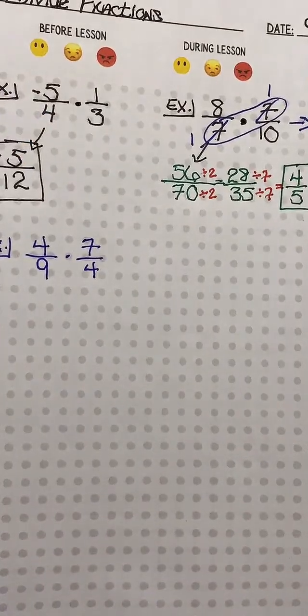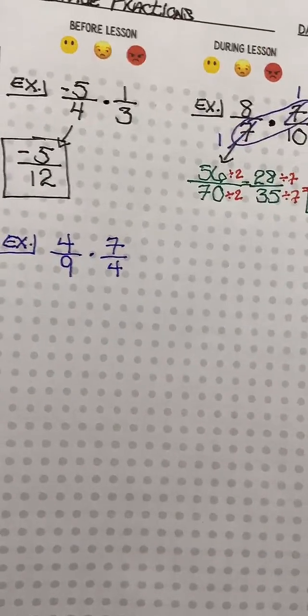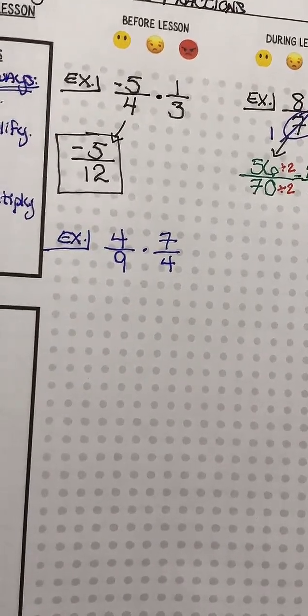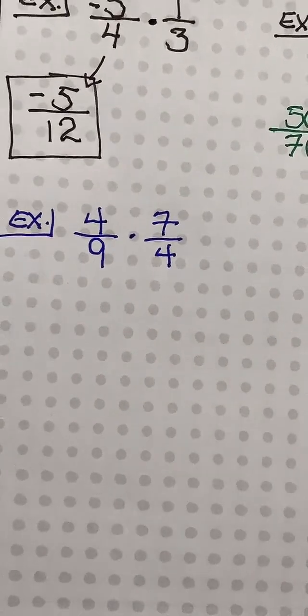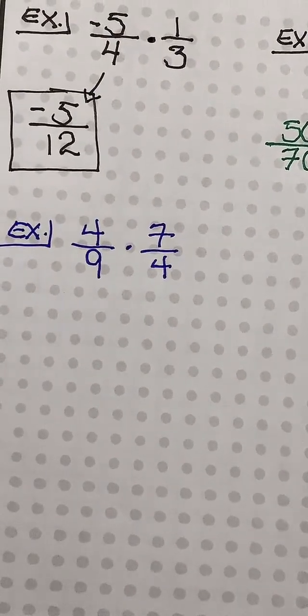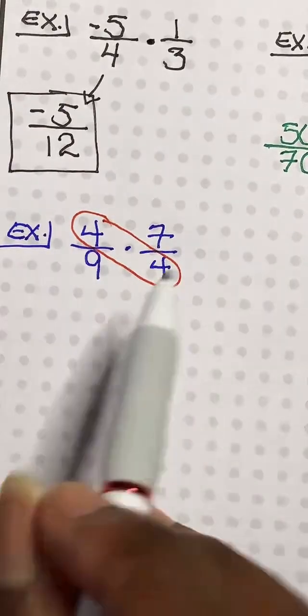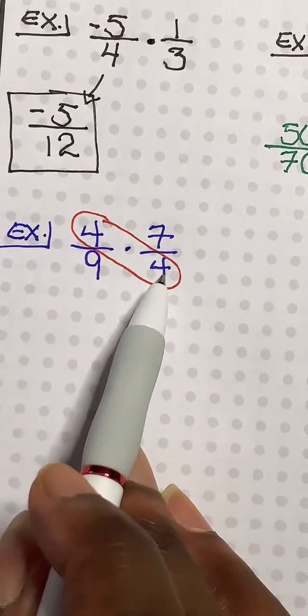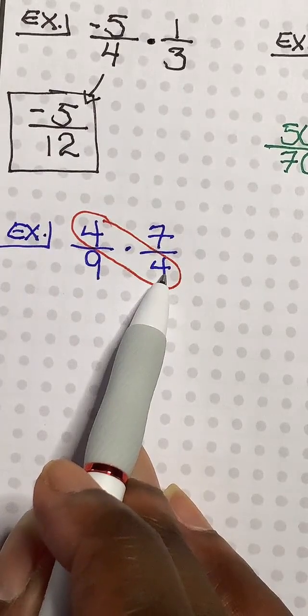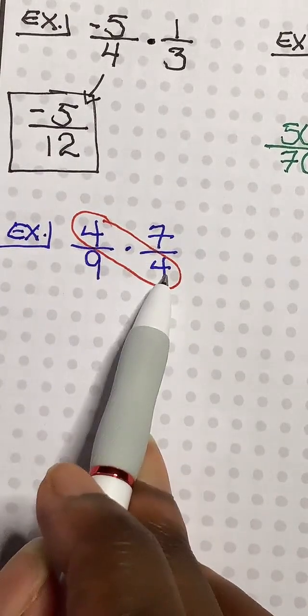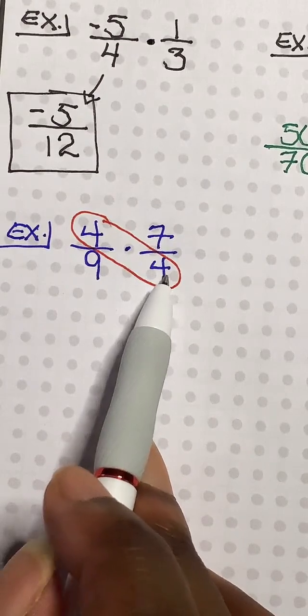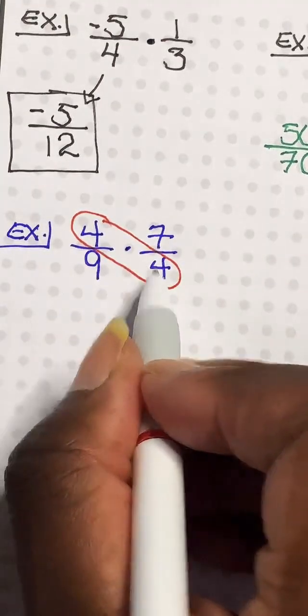Yes, you could multiply and then simplify, but make life easy for you. Okay, nice and easy. Take a look at the diagonal. This is the same as saying 4 divided by 4, okay? If you want to say 4 and 4, what do they all have in common? Is 4. So anything divided by itself will give me 1.